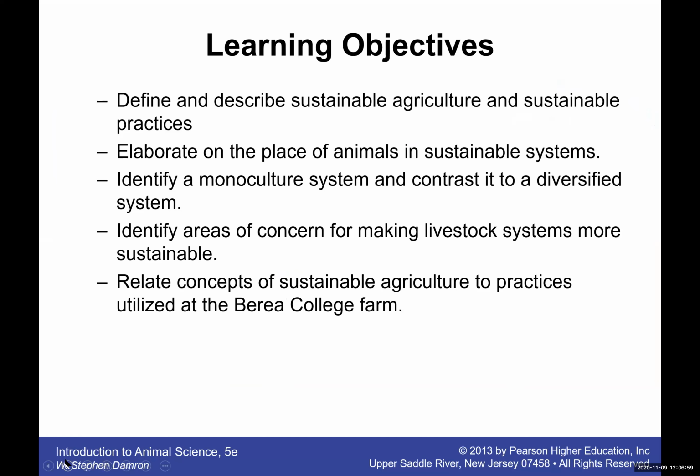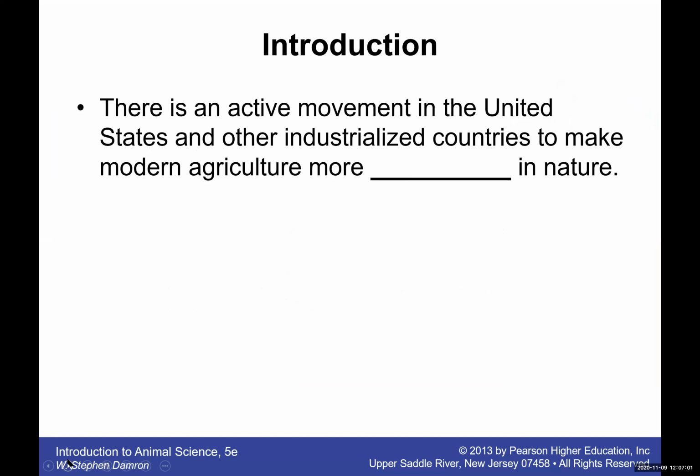Learning objectives, as always, you can read them in your own time. And so as we talk about sustainability, it's important to note that there is a movement in the United States currently, as well as other industrialized countries, to have more modern agriculture that's more sustainable in nature, right?